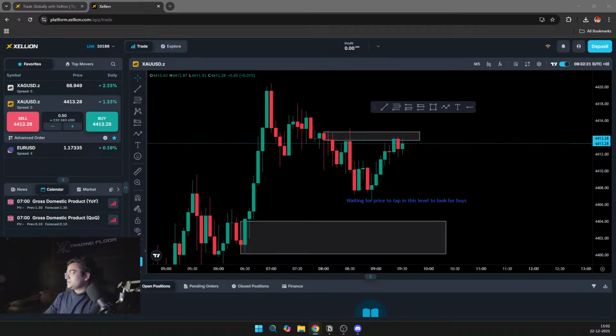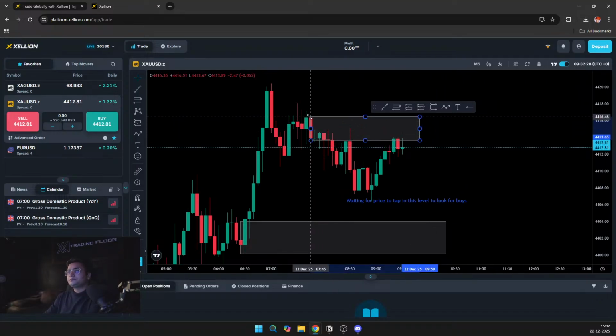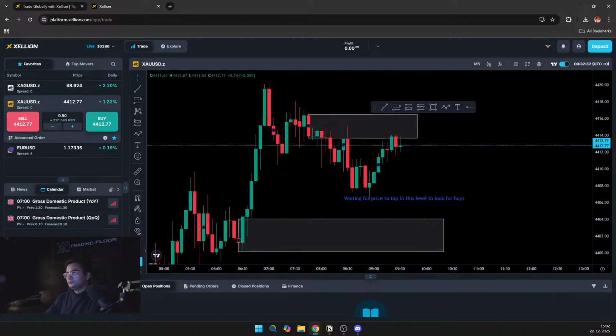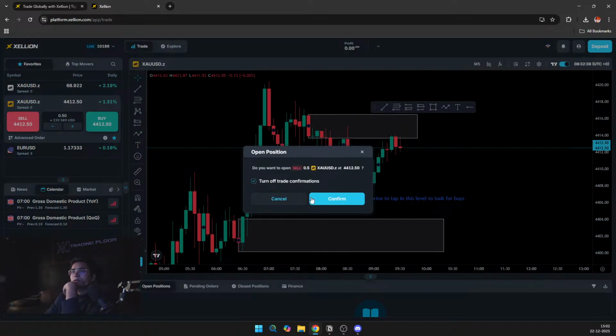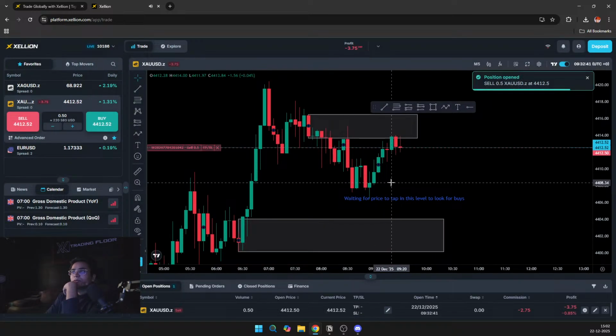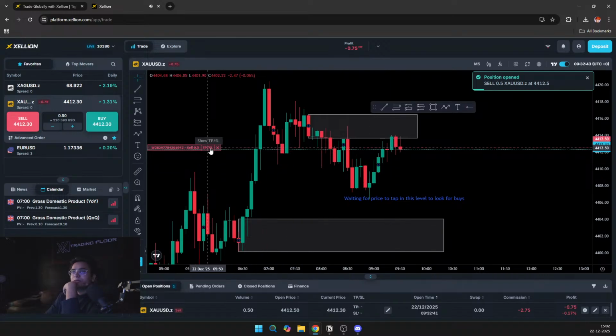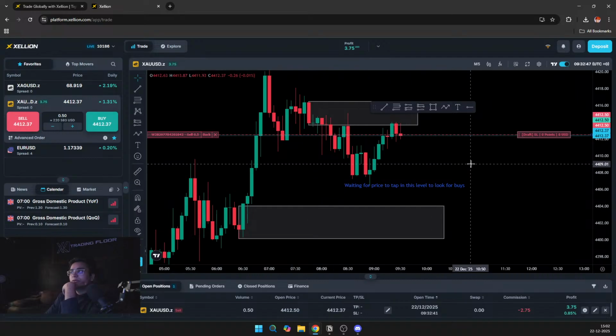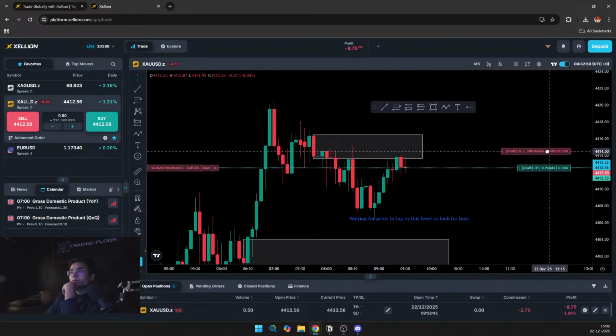There we go. We are seeing some momentum. Price is trying to break. But yeah, okay. How about we just take a minor sell here and put our SL exactly above this level.